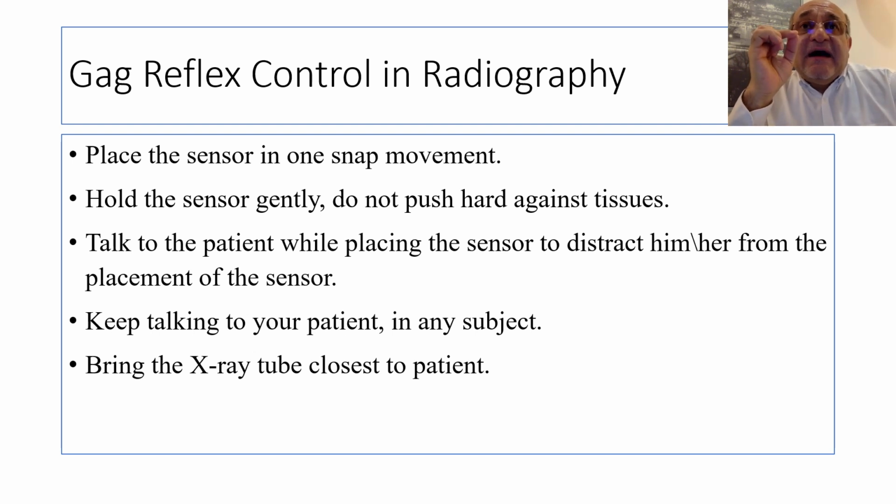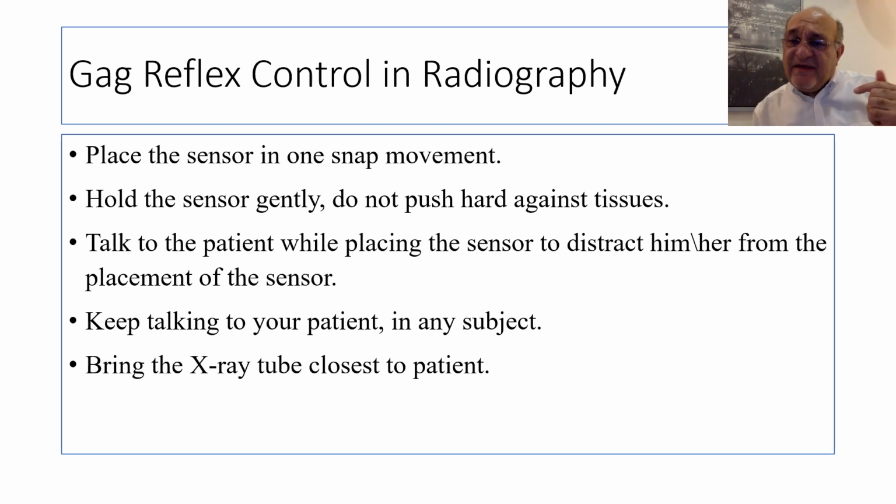Sensors are not heavy, right? So you don't need to push hard against the soft tissues. Just hold them lightly and gently, put them there, and that's it. There is no need to push hard against the hard tissues or work forcefully with the sensor.